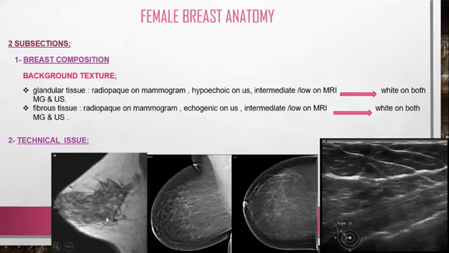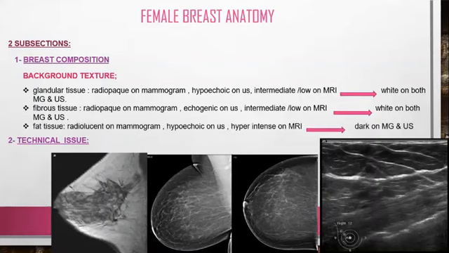These are fibroglandular tissue, and these echogenic lines are fibrous tissue on ultrasound. So both are white here and here, while the fat is radiolucent on mammography, hypoechoic on ultrasound, and hyperintense on MRI. So it is dark on both, and fibrous tissue is bright on both.